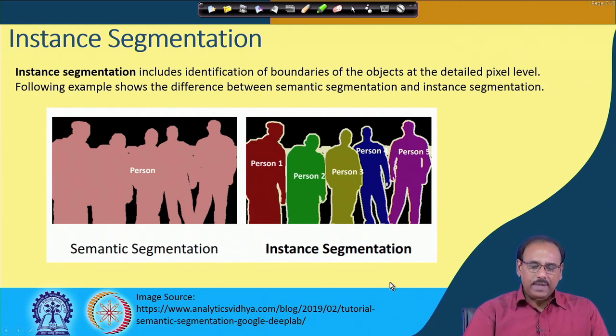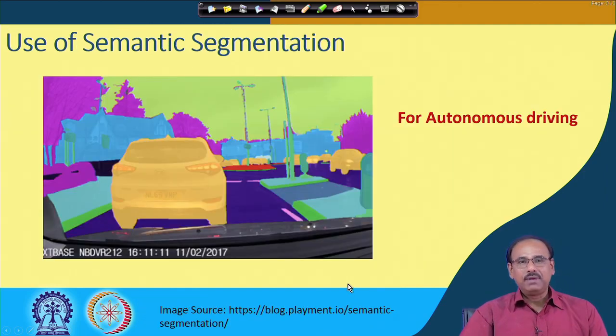Now let us see what the applications of such semantic segmentation are. You take, for example, navigation or driving of an autonomous car. When it is navigating in a particular region or on a road, the car has to know its surroundings. The car has to know which pixels belong to the road, so that the car will move on the road only and does not hit a building.